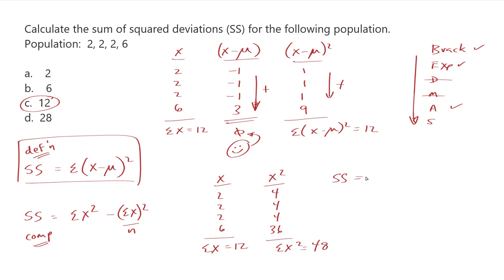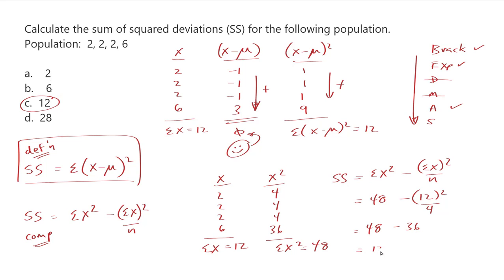My sum of squares is the sum of x squared minus the sum of x in brackets squared over n. I'm going to put in the 48, and then it's going to be 12 squared, and I had 4 values. 12 squared is 144, and 144 divided by 4 is 36, so this is going to be 48 minus 36.